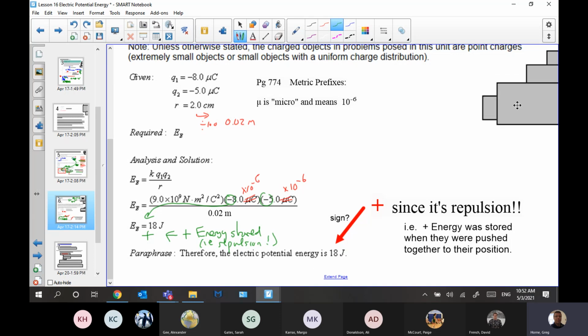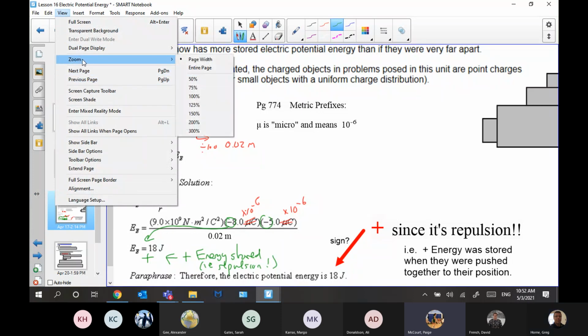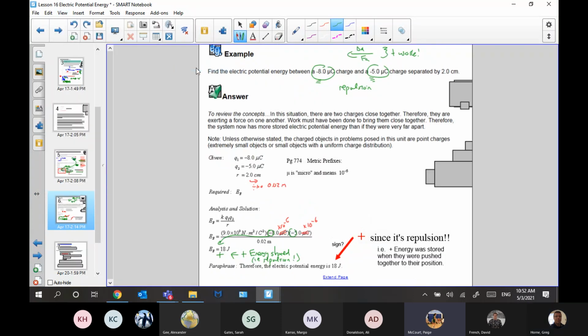Energy was stored when they were pushed together, just to summarize it all and bring it all together. Sorry, so anytime there's that micro symbol there, do we have to put the 10 to the -6? Yep. That's what it's meaning. They're saying microcoulombs instead of saying 10 to the -6. Okay, thanks.